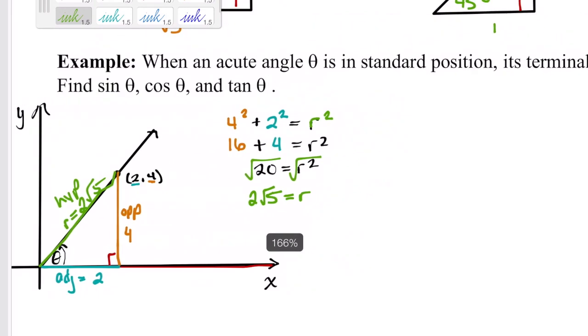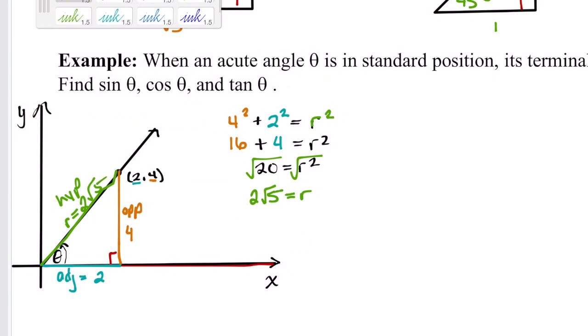And now I can figure out my sine, cosine, and tangent. And I'm going to use the SOHCAHTOA. So my sine of whatever this theta is, I know I'm using the opposite. In this case, that was 4. And I'm putting that over my hypotenuse, which was 2 square root 5.